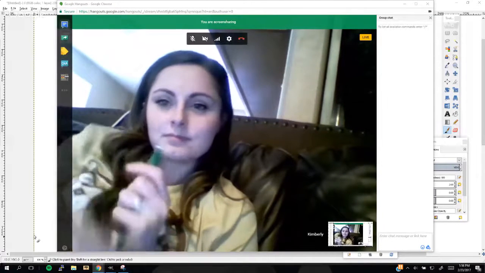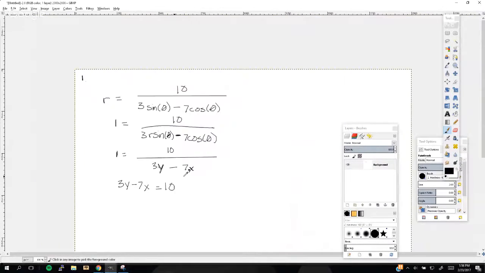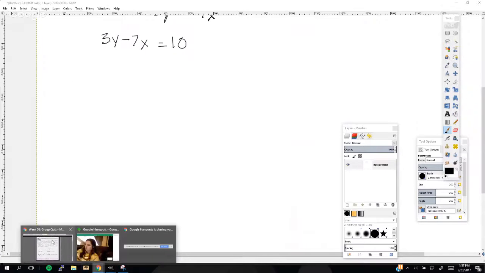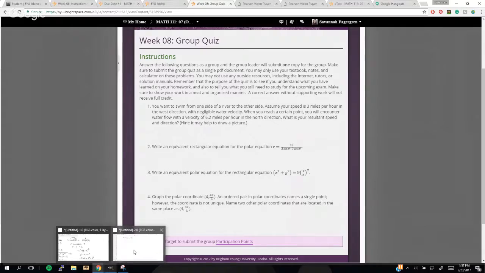Okay, so for the next problem, there's another converting equations. Oh dang, where did it go? Yeah, so x squared plus y squared equals 9. Okay, so that would just be r squared.